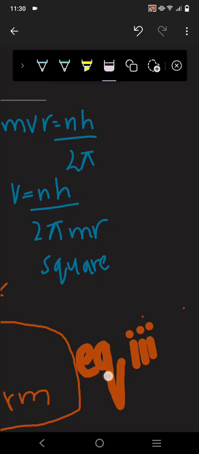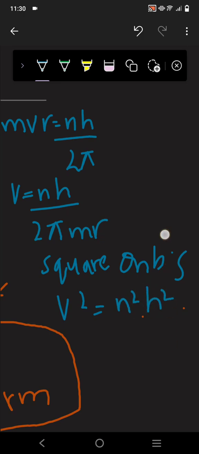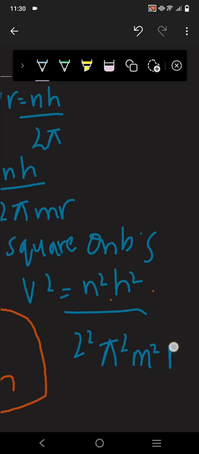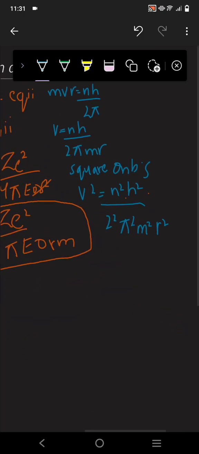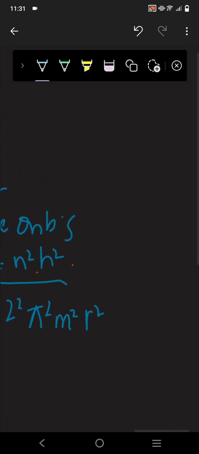So it would be v square is equal to n square h square upon 4 pi square m square r square.